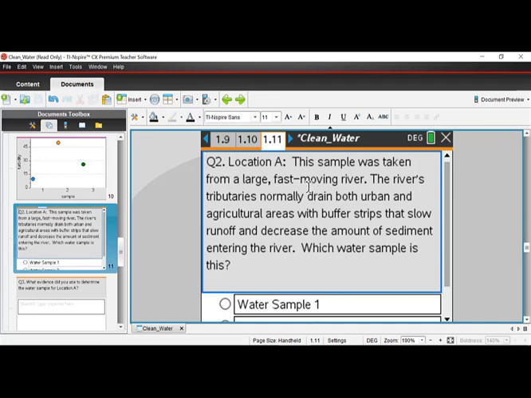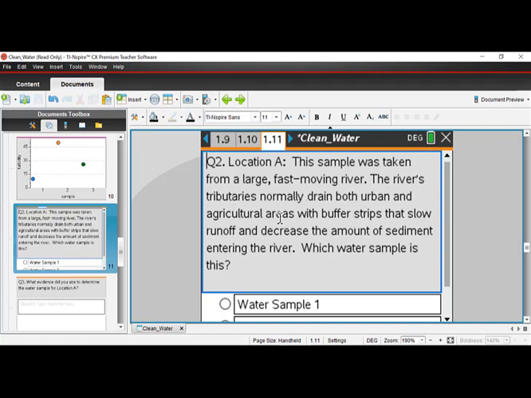So, okay, a large, fast-moving river. So I would say that it's probably going to have high dissolved oxygen, and the tributaries normally drain both urban and agricultural areas, but there are these buffer strips that are along the river to slow down the runoff.